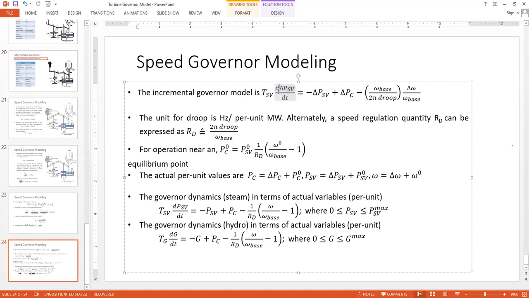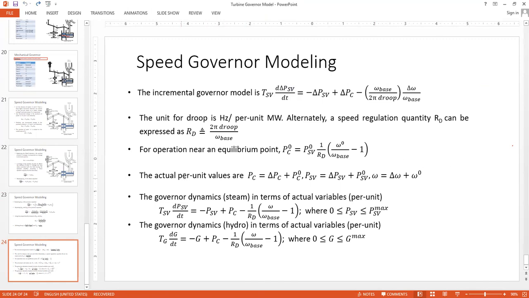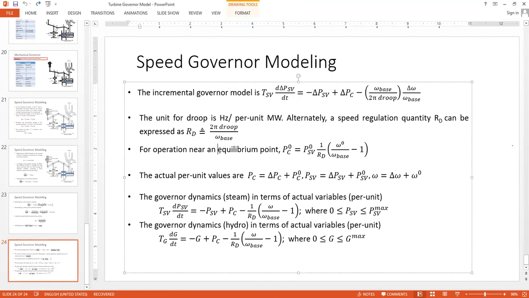Then you change the sides and make this one equal to 1 upon RD. If you simplify this, you will get this result. So this is for the specific operating point. This is the equilibrium point expression.